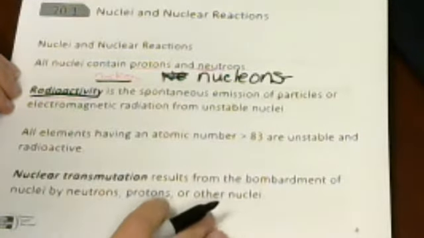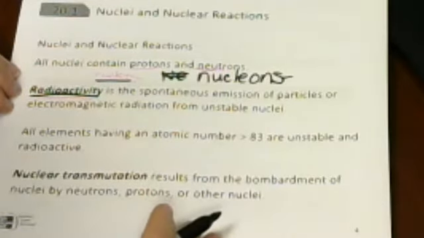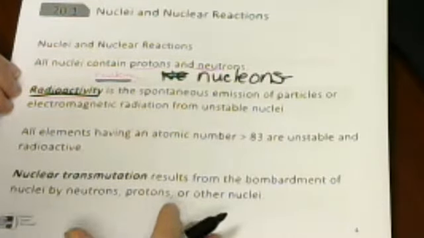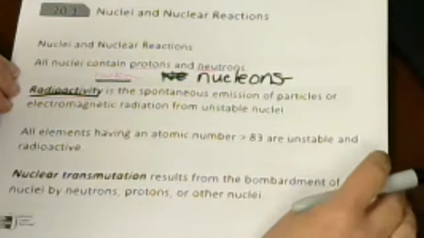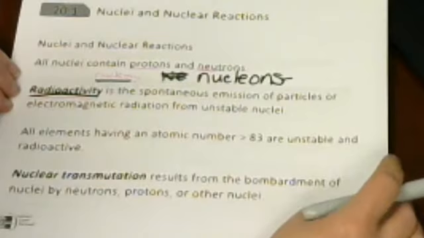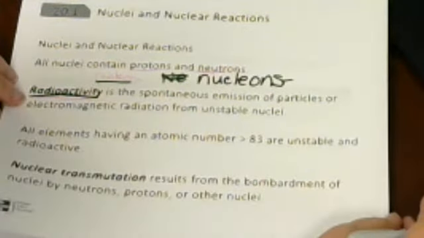When we think of radioactivity, we automatically think that it's bad, but we use radioactivity for a lot of important good things today. So spontaneous emission of particles from those unstable nuclei is what we call radioactivity.